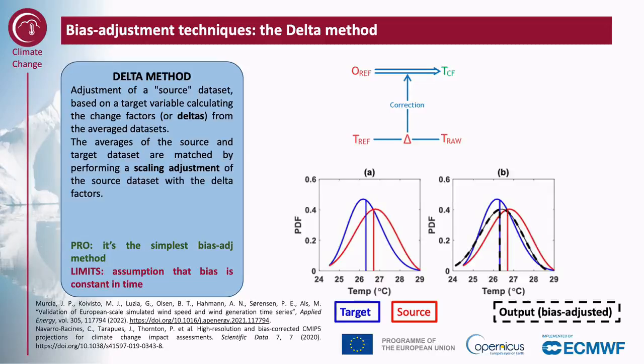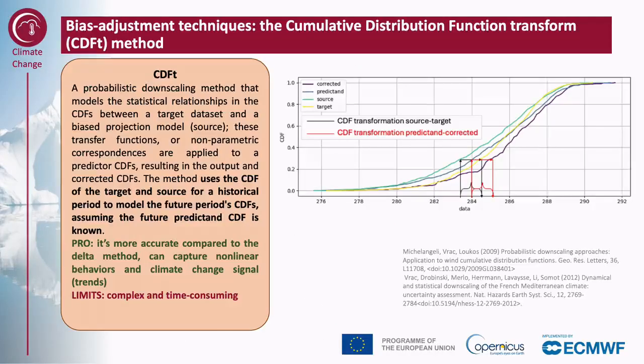The delta method is the simplest bias adjustment method, although it is limited by the assumption that the bias is constant in time. The cumulative distribution function transform method, in short CDFT, is a probabilistic downscaling method that models the statistical relationship between a target dataset and the source by a projection model.